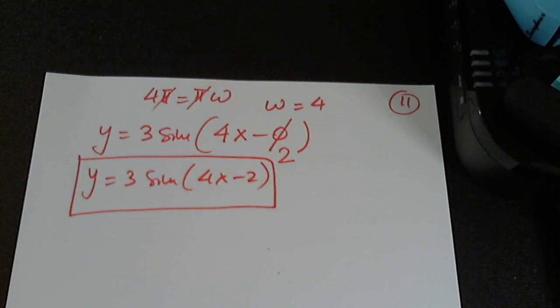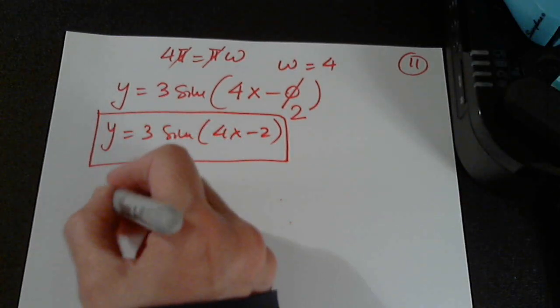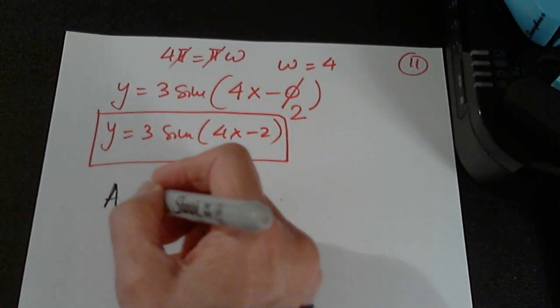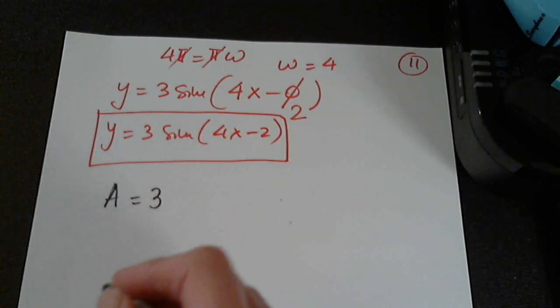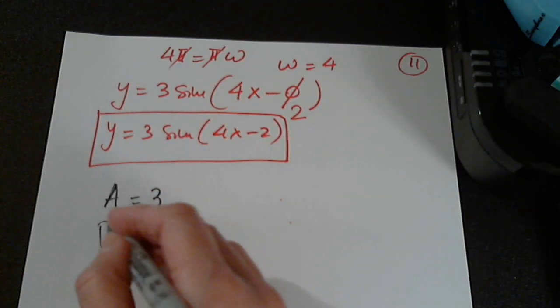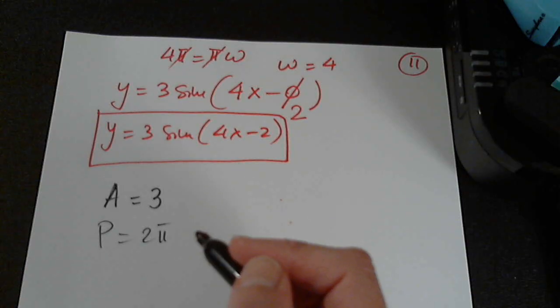Okay, so do we want to work on an example with these functions, or do we move on to tangent and cotangent? Okay, here's an example for you. The amplitude is 3. The period is 2 pi.